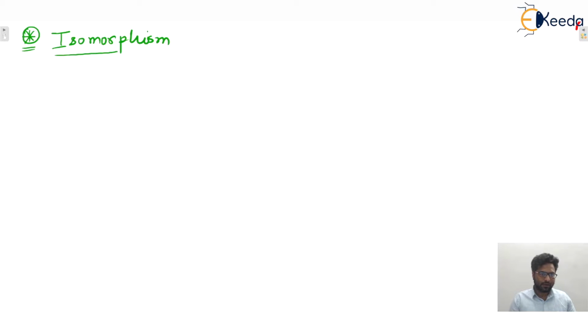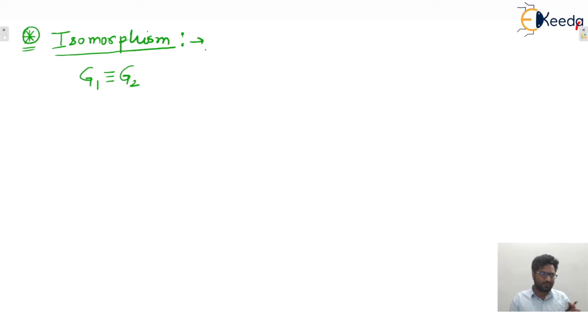Isomorphism in graphs: let's say two graphs are there, G1 and G2. So graph G1 is isomorphic to graph G2. Isomorphic means equivalent. Ultimately in graph theory the term equivalent is called isomorphism, isn't it?